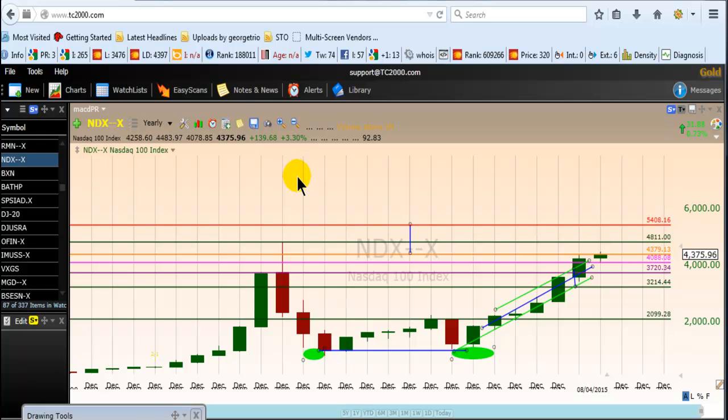It is an index that reflects the average of those 100 stocks. If one is trading the Nasdaq 100, one must identify the key levels and also the current market patterns.